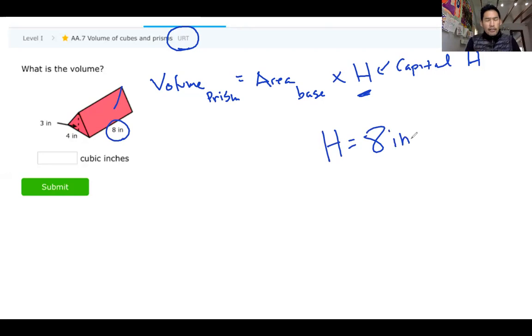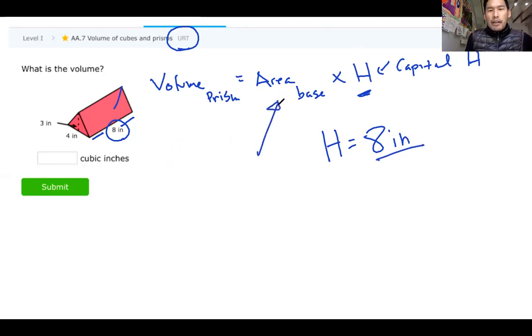And again, it's laying down on its side, so this doesn't look like a height, but you could just tip this thing over, just like I said. I know I'm such a poor drawer. Your 8 inches would be standing up and down, and it would look more like a height. So big H equals the height of the prism. That's 8 inches. So we've got part of it figured out.